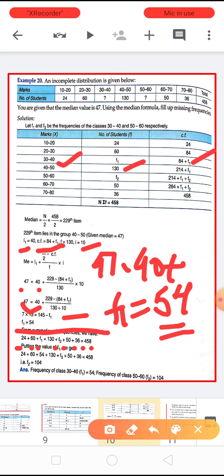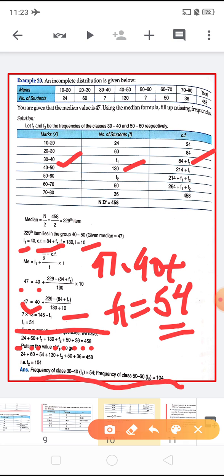And by simplification, sending the values to the right hand side, we'll get the value of F2, that is 104. So the frequency of the class interval of 30 to 40 is 54, and that of class interval of 50 to 60 is 104.